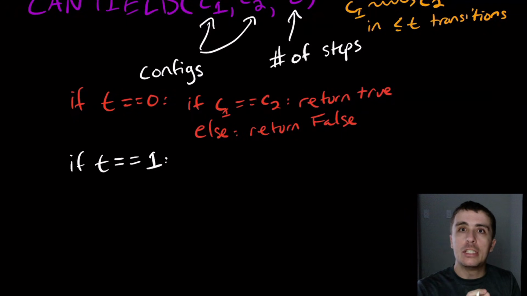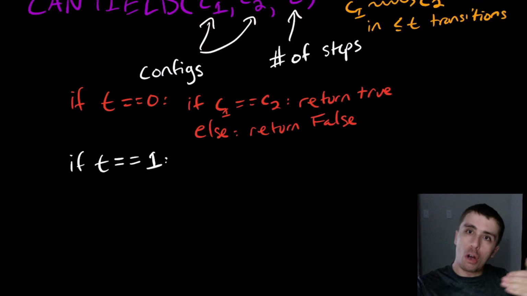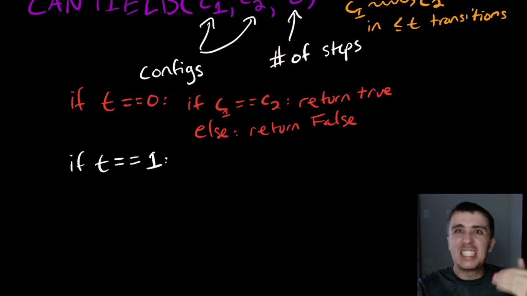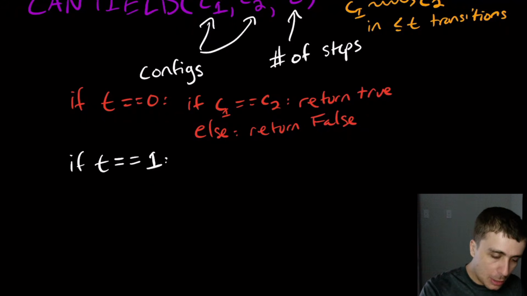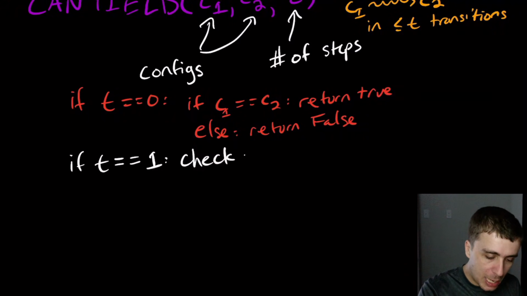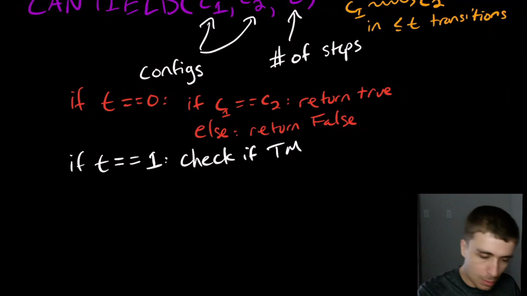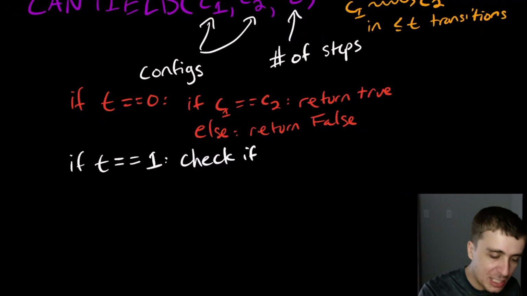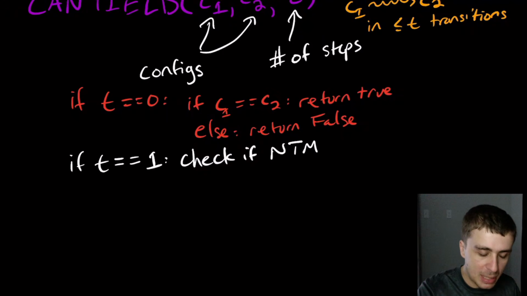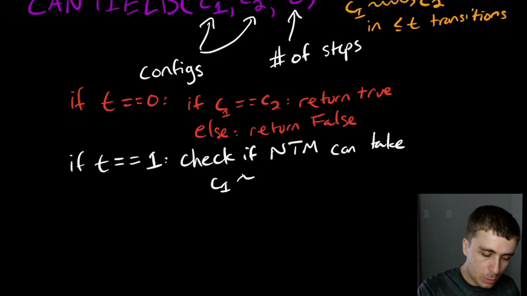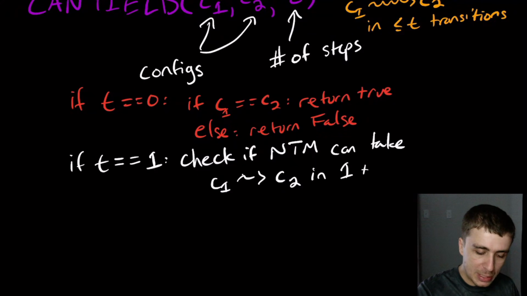So what we need to do is to go through all the possibilities of a single transition. So we should check if the Turing machine, or I guess the non-deterministic machine, because that's what we're trying to simulate here, can take C1 to C2 in one transition.